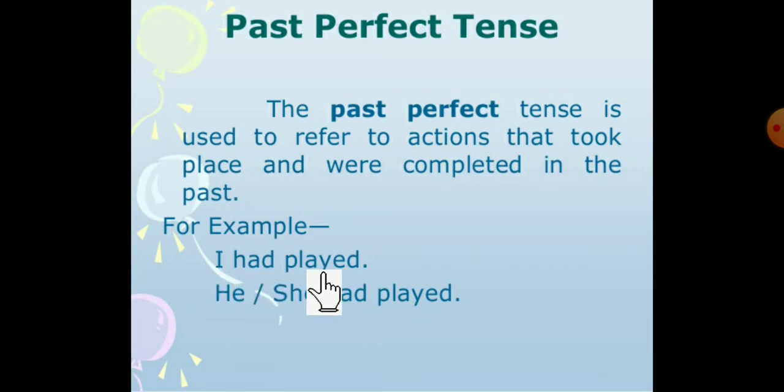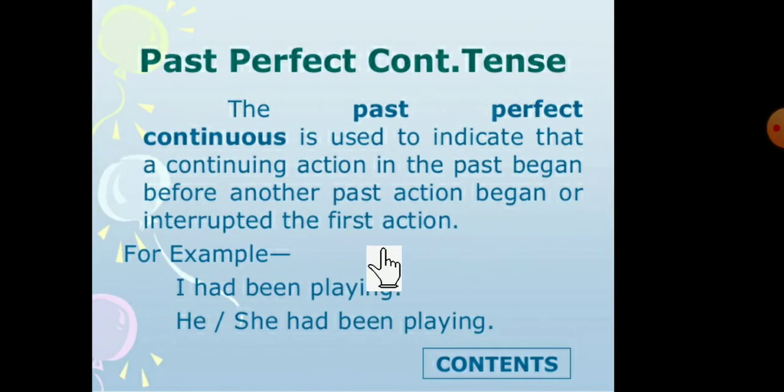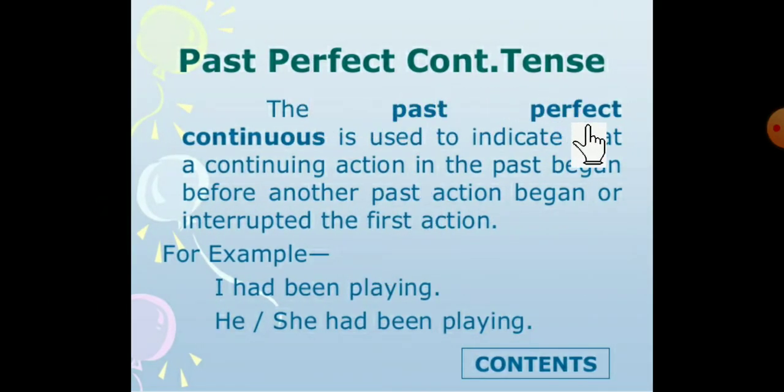Okay, got it. Next, past perfect continuous. Past perfect continuous is used to indicate that a continuous action in the past began before another past action began or interrupted the first action. Why do we use it? Because in the past that action had begun and was continuing, still not completed.